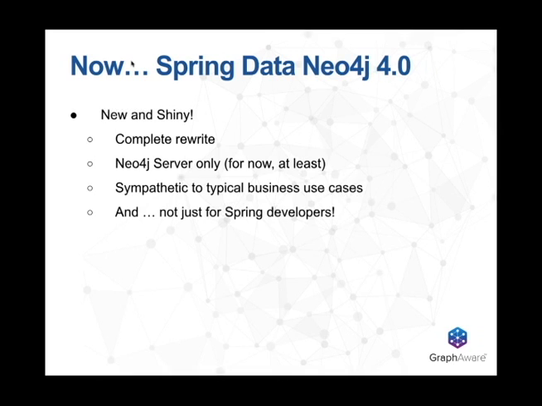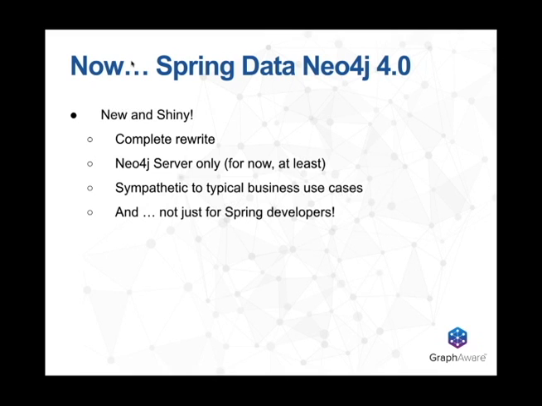The other thing we thought was really important was that Spring Data Neo4j 1, 2, and 3 was only available to developers who used the Spring stack. We didn't think this was, A, fair, and, B, it cut out a lot of people who don't use the Spring stack. So we've made sure that Spring Data Neo4j 4 can be used not just by Spring developers, but also by people who aren't using the Spring stack.